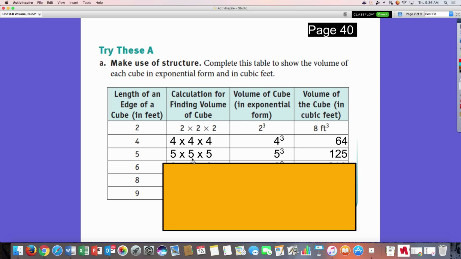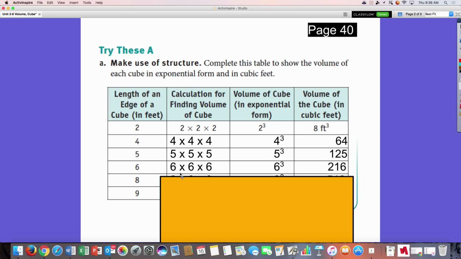If I multiply 5 times 5, I get 25. 25 times 5 is 125. Let's do 6. 6 times 6 times 6, or 6 cubed. I could also say 6 to the third power. 6 times 6 is 36. 36 times 6, 216.